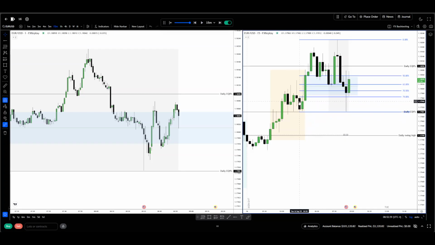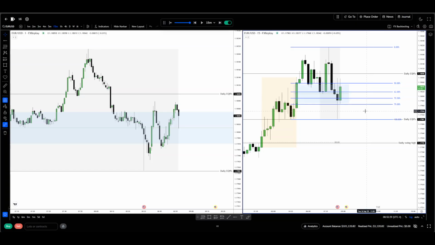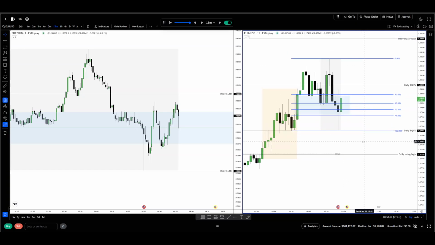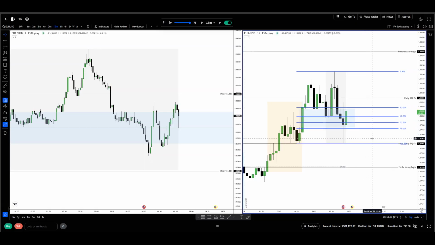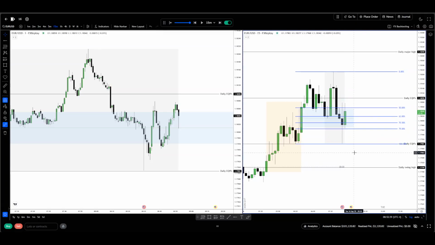Only when we trade below this low, then this dealing range was violated, and then we had external to external liquidity. But now it's taking internal liquidity. So therefore we are still bullish. And also we're still bullish because price is closing inside the fair value gap.